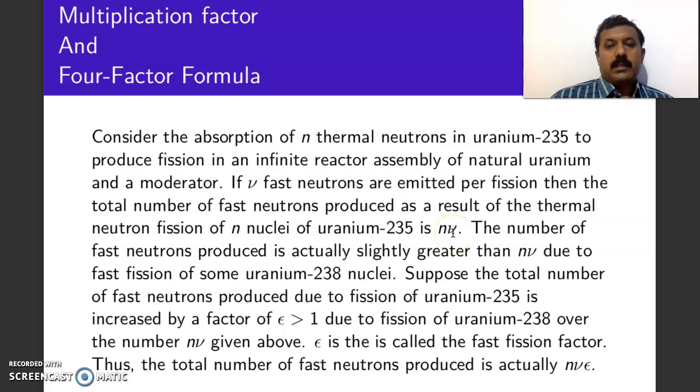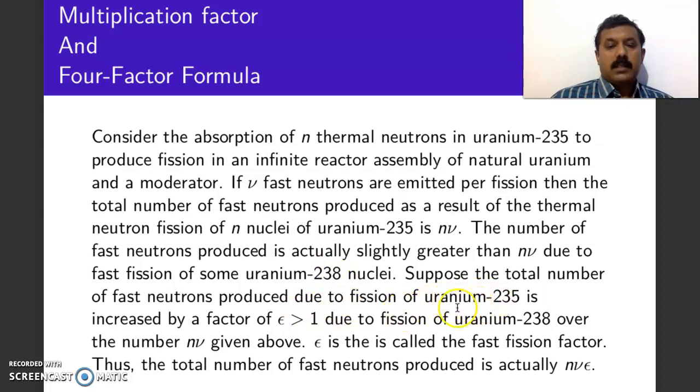But actually, the number of fast neutrons will be slightly greater than this because of the first mechanism that we discussed. Some of the fast neutrons interacting with uranium-238 can also cause fission, and they slightly add to this number.